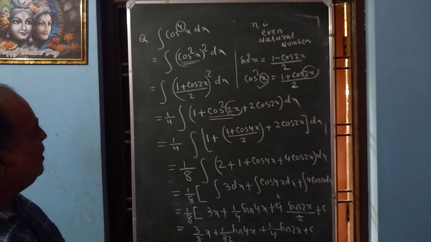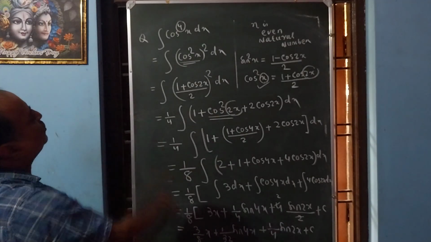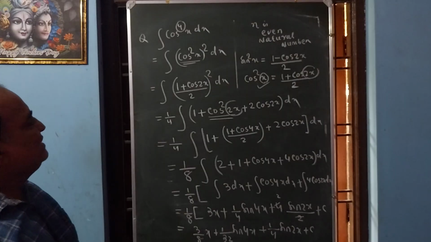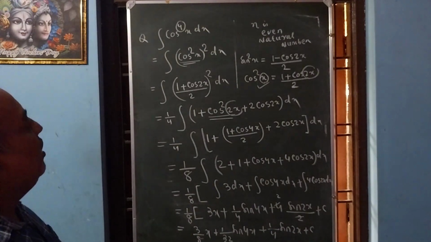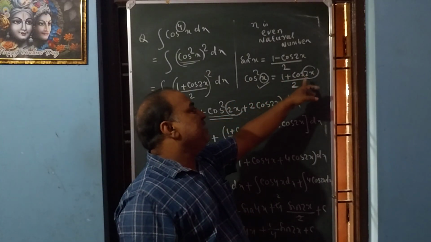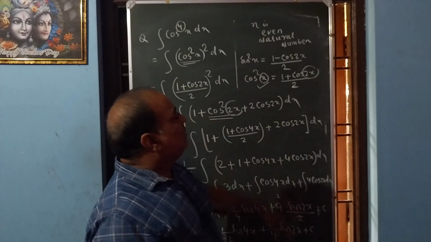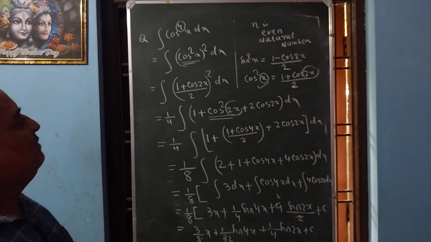Okay, so this is the answer of this question, a very important question: integration of cos to the power 4 x dx. Here n is even. When n is even, then always rationalize cos square x as 1 plus cos 2x by 2 and sin square x is equal to 1 minus cos 2x by 2.